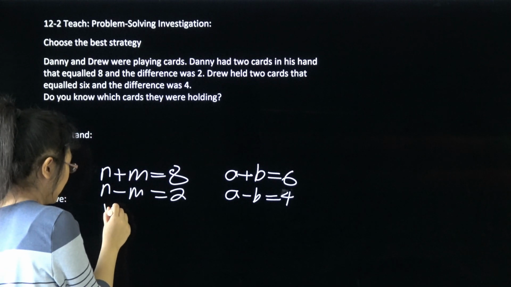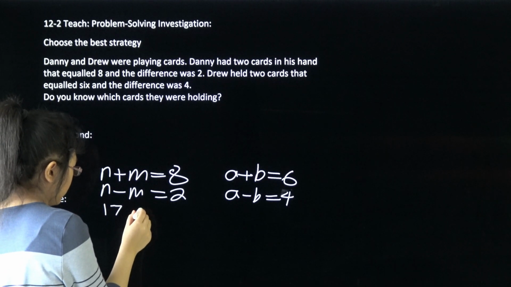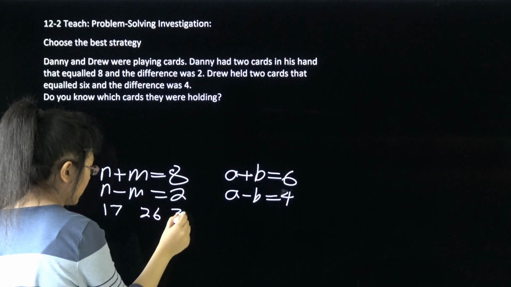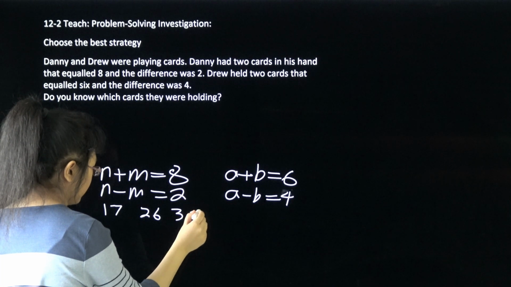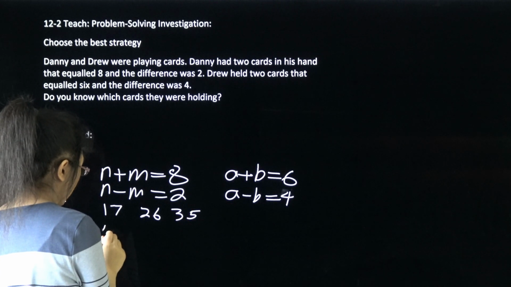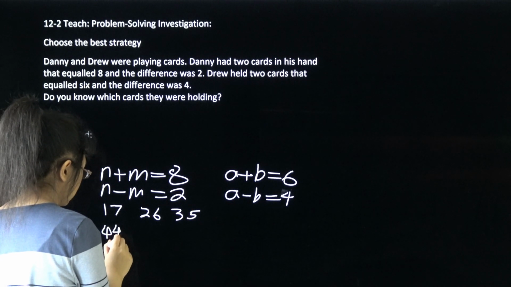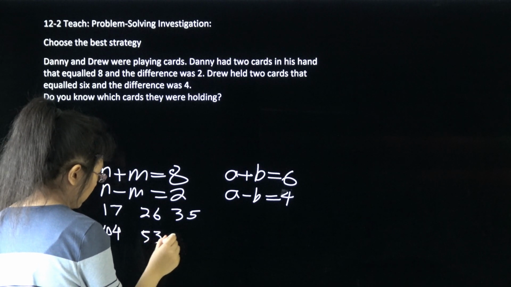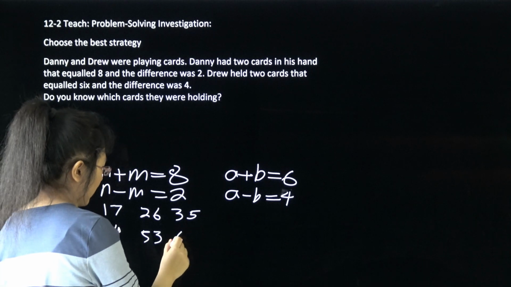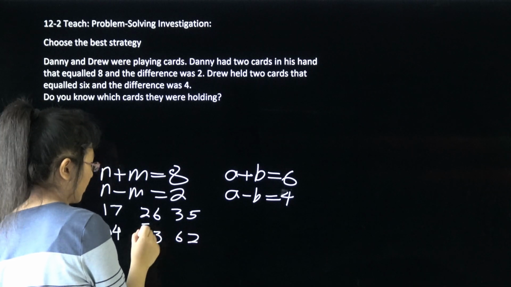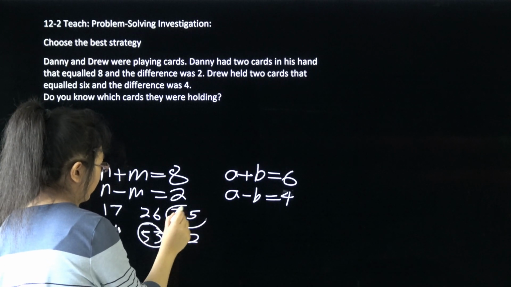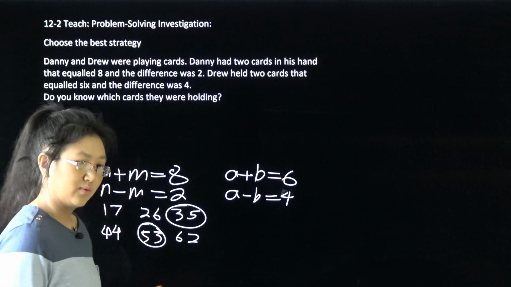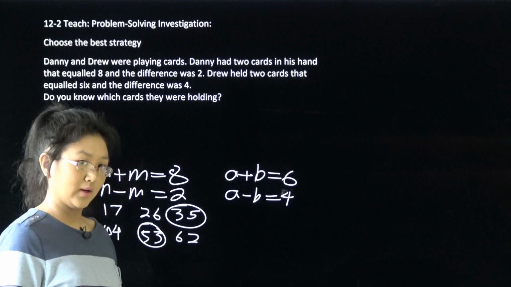Well, we have 1 and 7, 2 and 6, 3 and 5, 4 and 4, and then 5 and 3, and so on, because 5 and 3 are the same 2 cards as 3 and 5. So it's not necessary for us to write down all of them past a certain point.